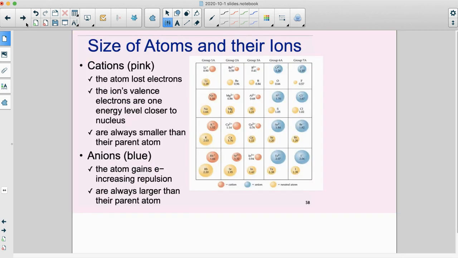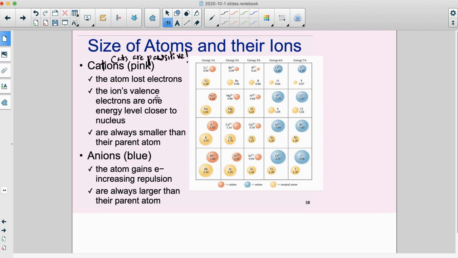Okay, so here's just a general overview of these atoms and their ions. So you can see that when things lose electrons and become cations, become positive ions, they're always going to be smaller. Okay, and remember, cations has a T and it looks kind of like a plus. So those are the positive ones. I also think that cats are positive.